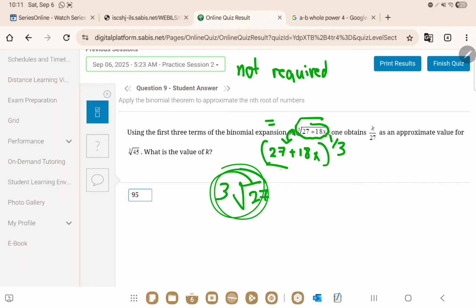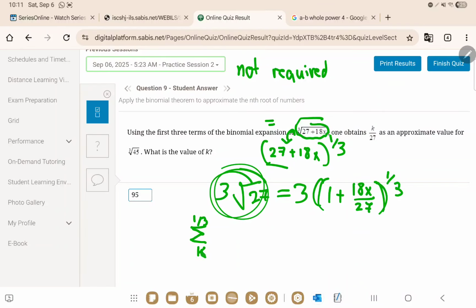The cube root of 27 is equal to 3. You put this into your calculator. So now we have 3 into 1 plus 18x over 27 to the power of a third, and now we solve for this only. Now the rule for the binomial theorem when you have a rational exponent is a bit different. Why?